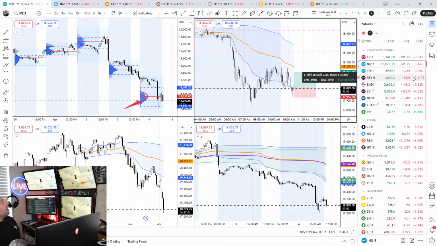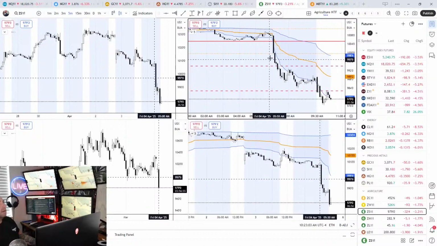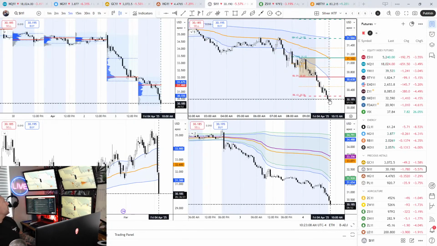All right, so we're chopping around in corn right now. Choppy market. Soybeans are pretty weak. Silver is super weak, along with the other metals. All good shorts.